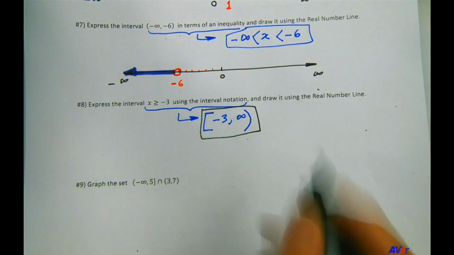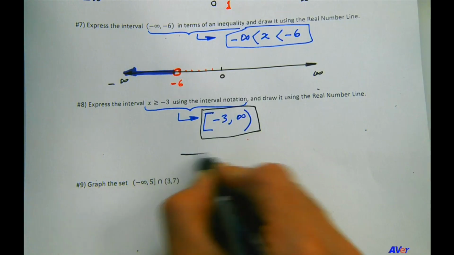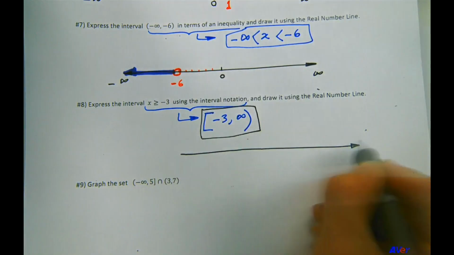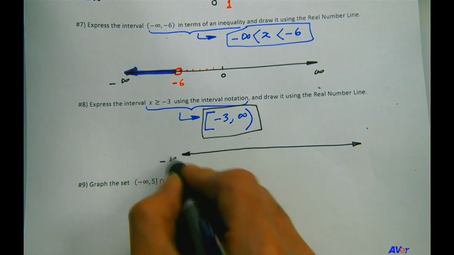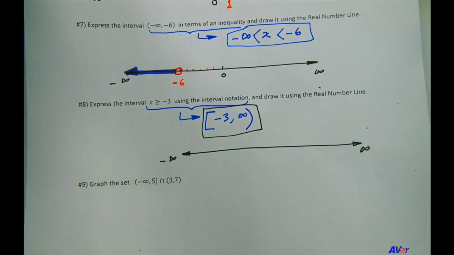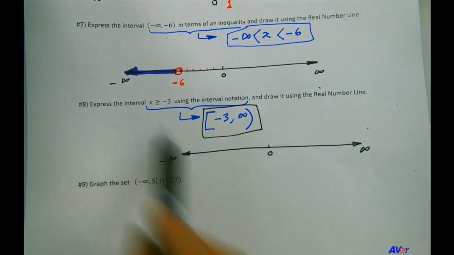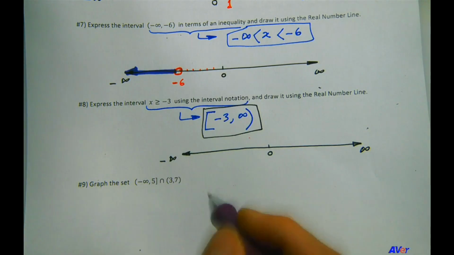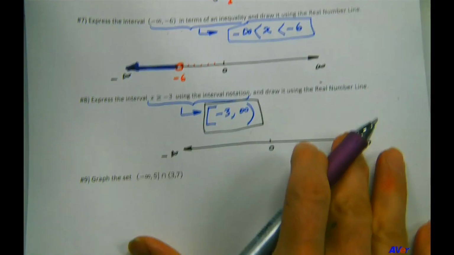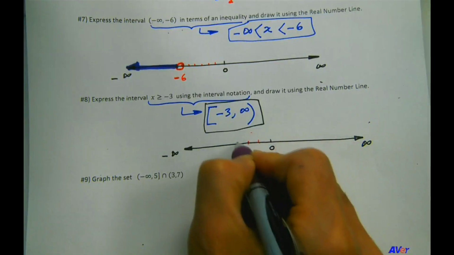And draw it using the real number line. So the real number line, negative infinity to infinity, is 0 here, and so -3 would be here.